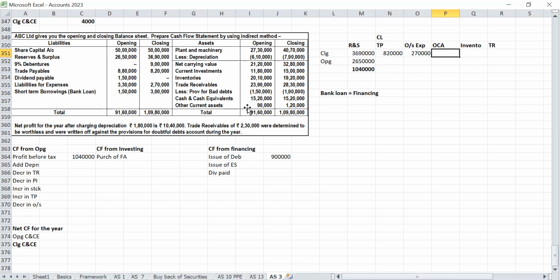Other current asset is 1,20,000. Inventory is 19,20,000. Trade receivable 28,30,000. Opening trade payables is 8,80,000. Outstanding expenses 3,30,000. Other current asset opening 90,000. Inventories opening 20,10,000. Trade receivables opening 23,90,000.